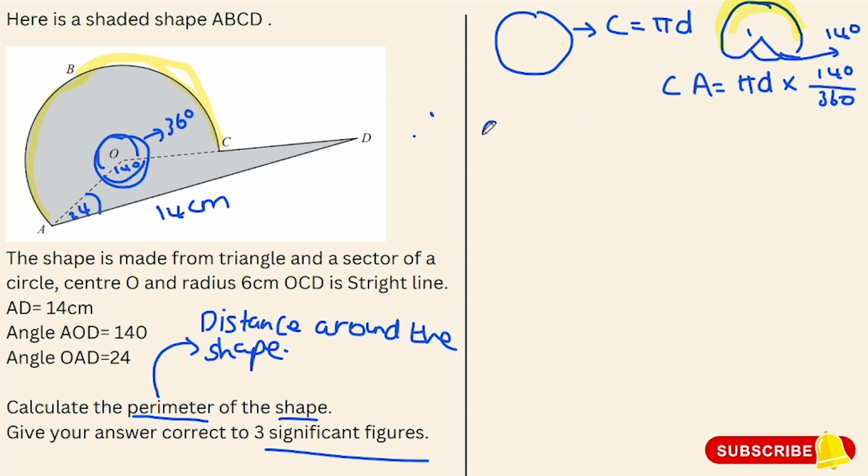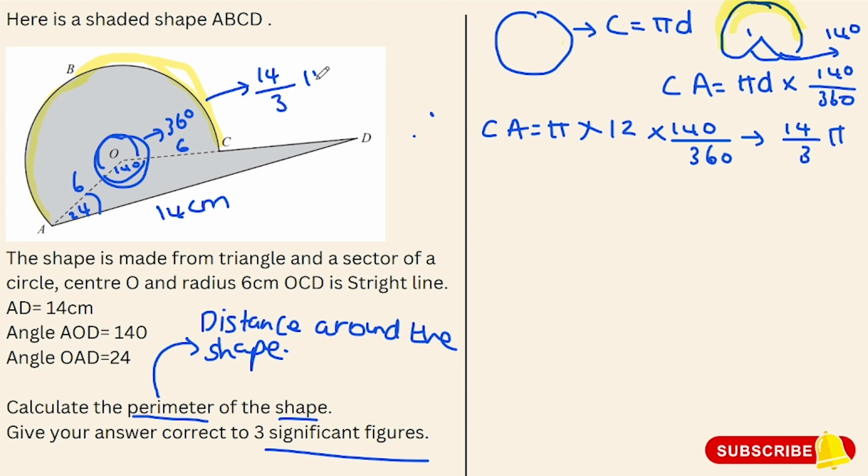So the circumference of the arc would be pi times the diameter. Because this is 6 centimeters and this is 6 centimeters, the radius is 6, so it's 2 times the radius, which is 12, times 140 all over 360. If I place all of that in my calculator, I should get the value of 14 over 3 pi. So this part is going to be 14 over 3 pi.